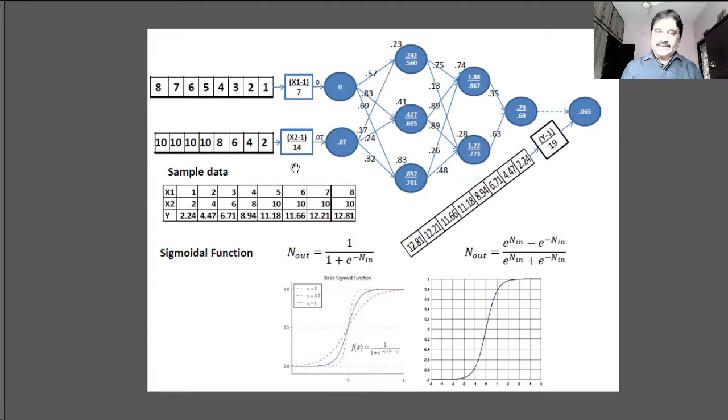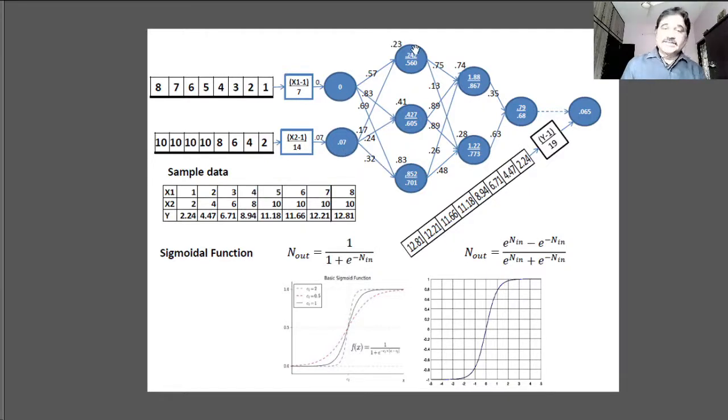That will translate the data into values between 0 and 1. So once that is done, that is the value which is getting passed to this and this neuron. For example, this neuron will be getting its first value 0, and this will be getting its first value, 2 minus 1 divided by 14, that comes to 0.07.